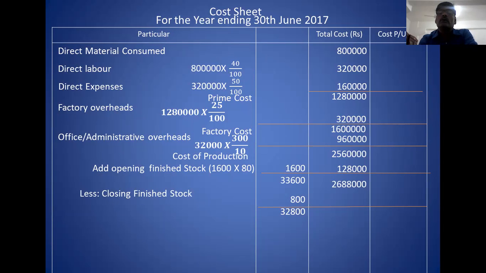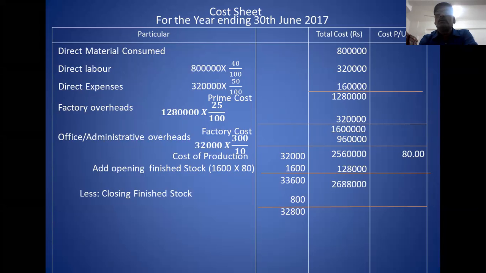Then you deduct 1,600 and you will get the units produced, 32,000 units produced. Now you calculate the rate per unit. Go to the upper levels. Cost of production per unit is 80.